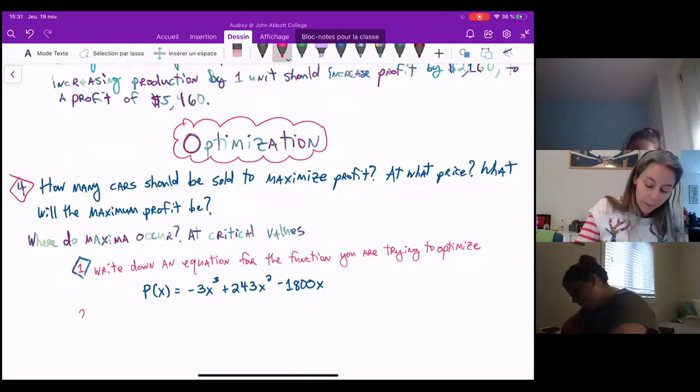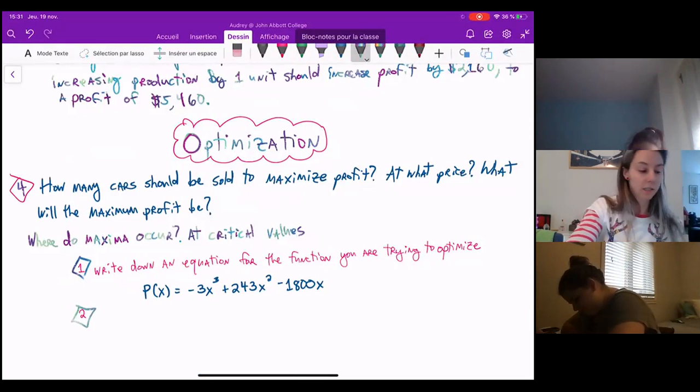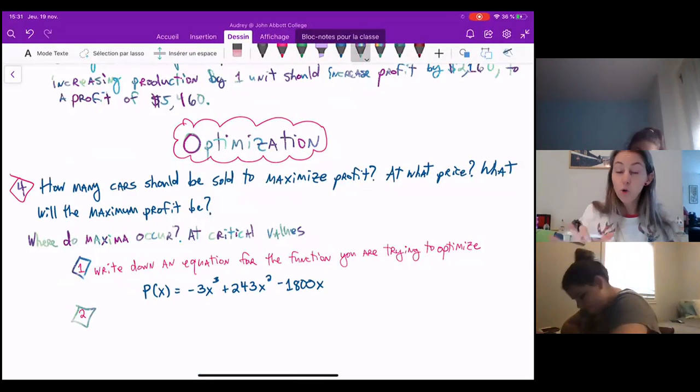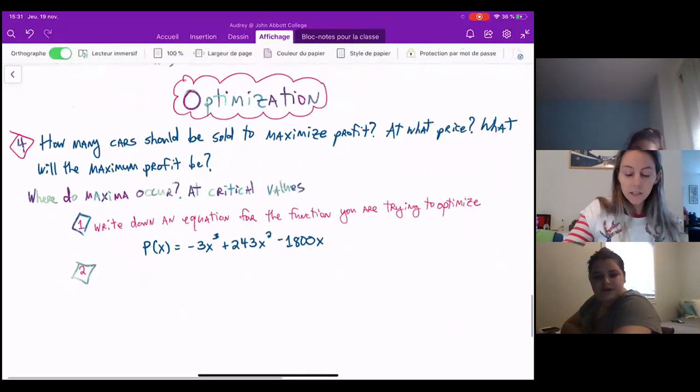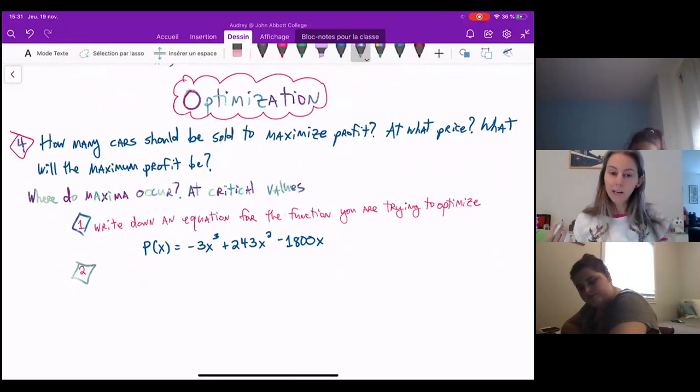Now my next step is a step that's not going to matter here, but I'm going to write it down so that we have it in your notes. Like I said, I'm going to post a document between now and the next class that has all those steps, and you should glue that document in your notes. The next step is, if the function is in more than one variable, rewrite it in terms of one variable.